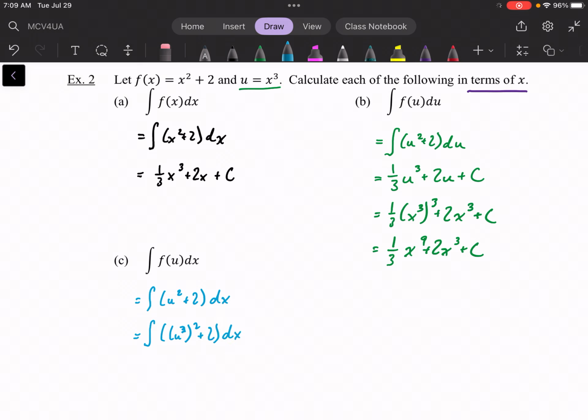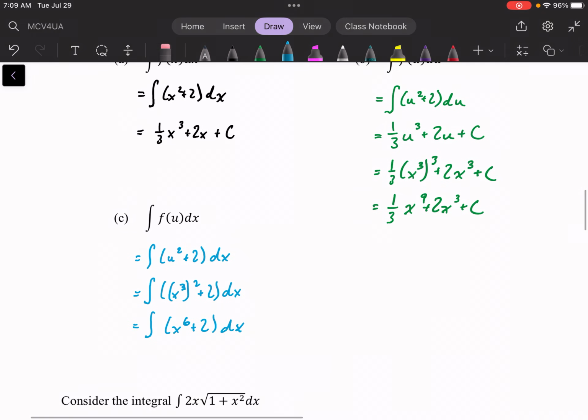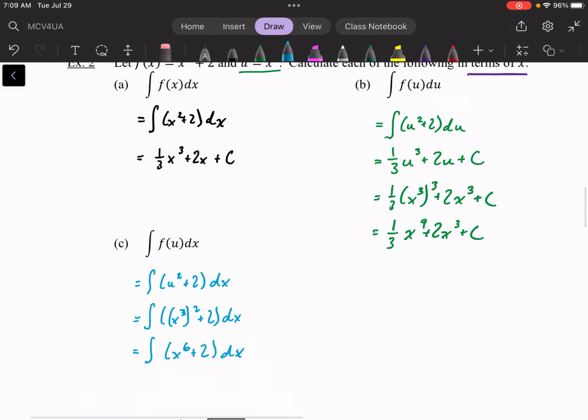Oh, my apologies. Should it actually be x cubed? Okay, first simplify. Always simplify. Much easier to work out. And then what we can do from there is find the antiderivative, which is just 1/7 x to the 7 plus 2x, again, plus c. And as you can see, based on all these three questions, they're completely different answers.